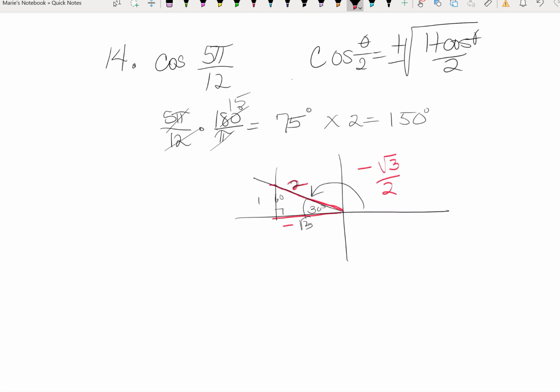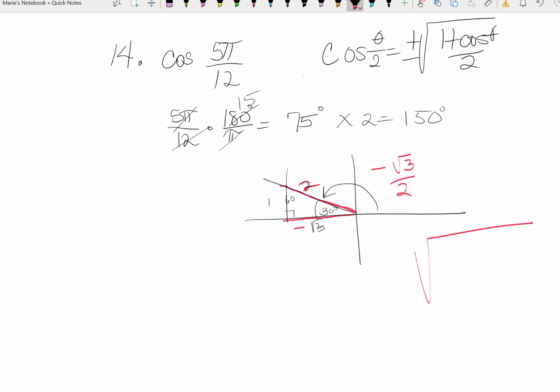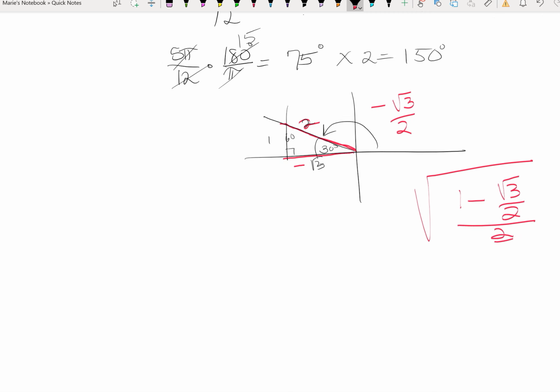And so I'm going to say then the square root of 1 minus square root 3 over 2, all over 2. And technically you always remember that's 2 over 1. If I obtain a common denominator here, this becomes 2 minus square root of 3 over 2, all over 2 over 1, and this is all square root.